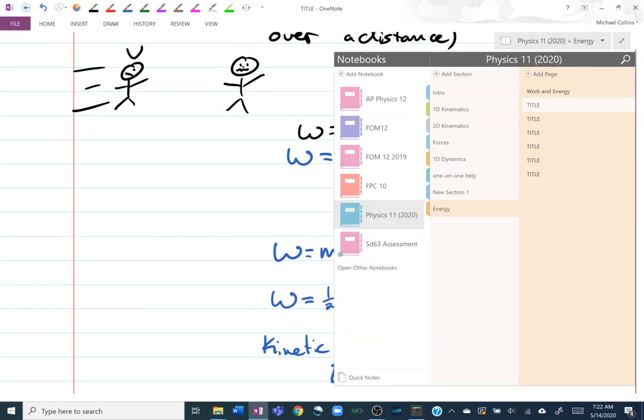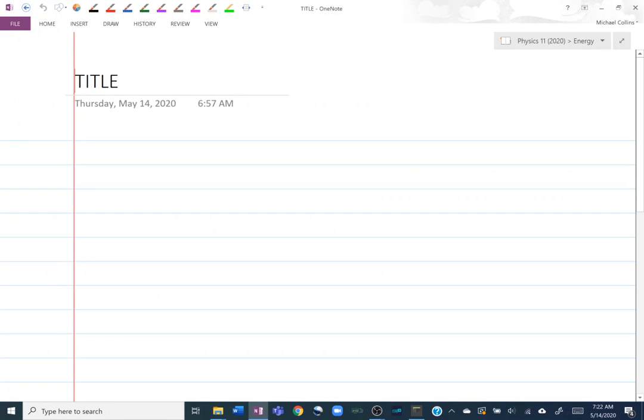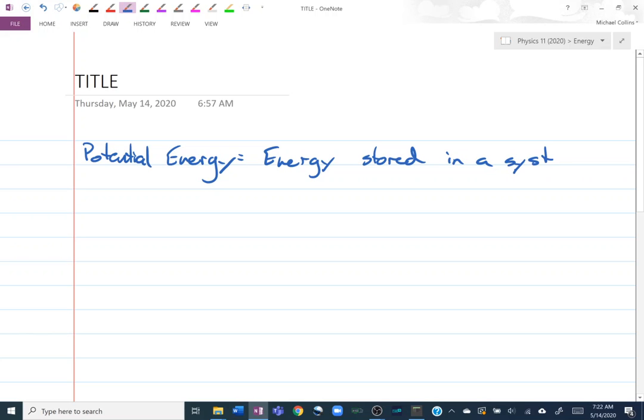We can do a similar derivation for gravitational potential energy. So gravitational potential energy, let's talk about potential energy first. Potential energy is energy stored in a system of objects.